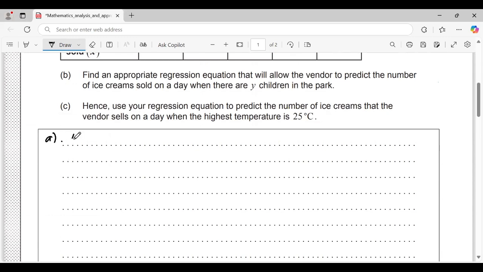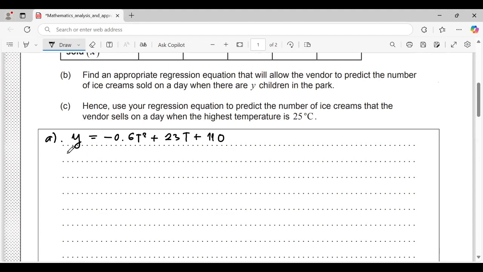A, the equation is y equals minus 0.6t squared plus 23t plus 110.